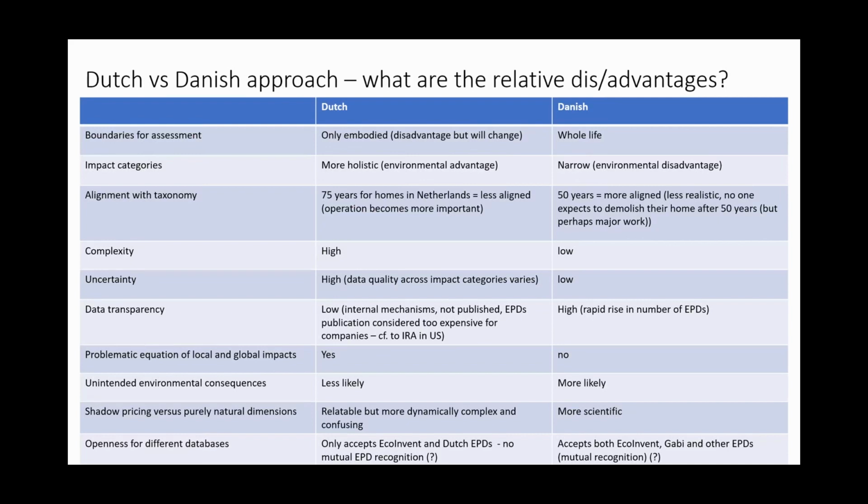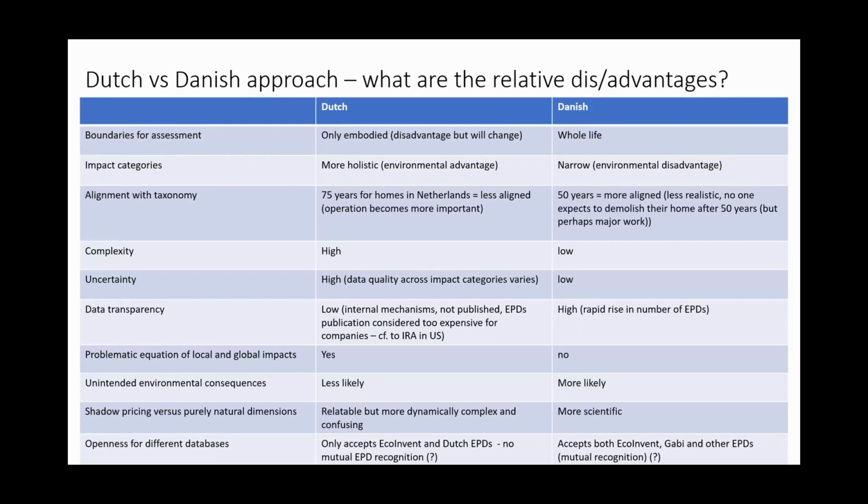So the Dutch approach is relatable in the sense that you refer to euro value, but it's also more dynamically complex. Let's think about inflation and changes in the weighting of different impact categories, and it can be a bit more confusing because of that, whereas the Danish approach is more straightforward, scientific.